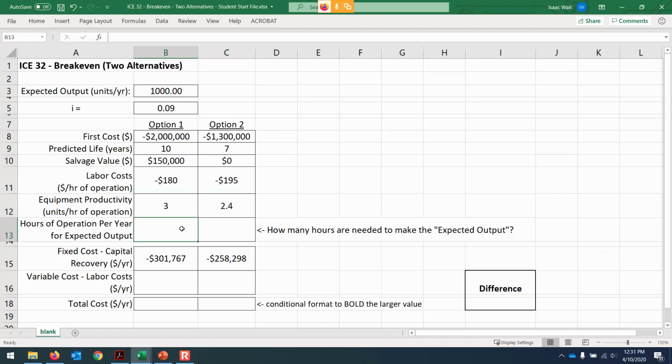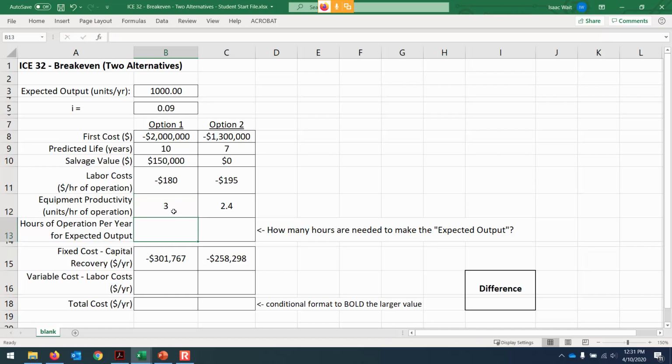This is a spot where students would generally make frequent mistakes. This row is asking how many hours are needed to make the expected output. We need to make 1,000 of these. If you can make 3 per hour, how many hours does it take?